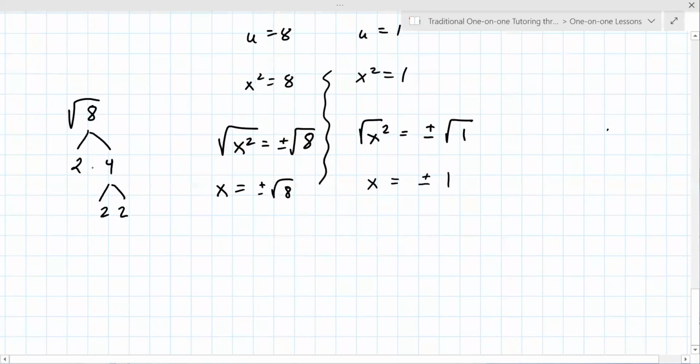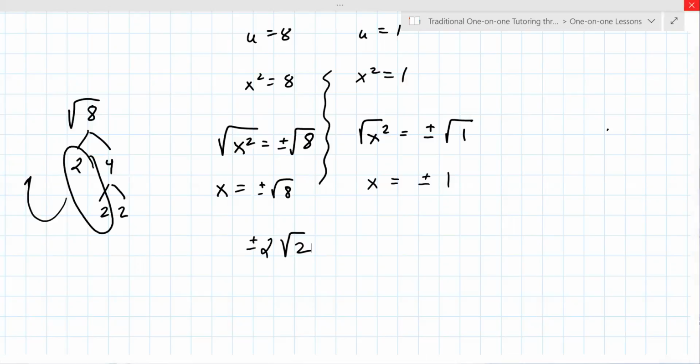You're looking for true pairs where they're actually the same, and for each pair, you bring one out. So it becomes plus or minus 2, because you're bringing one out, times the square root of what's left over, which is 2. And that should lead you to the right place for that.